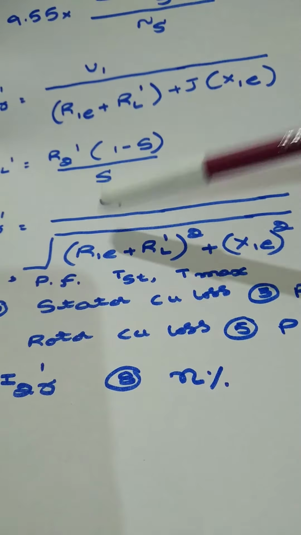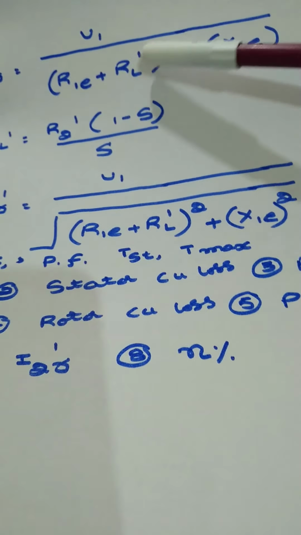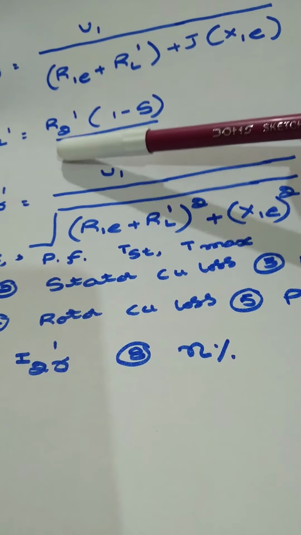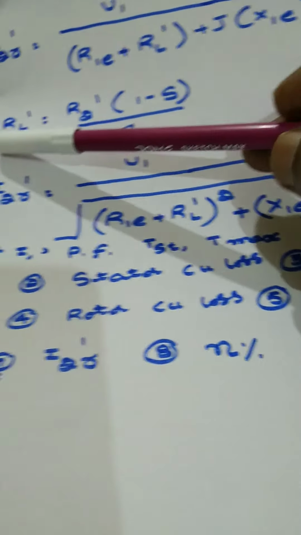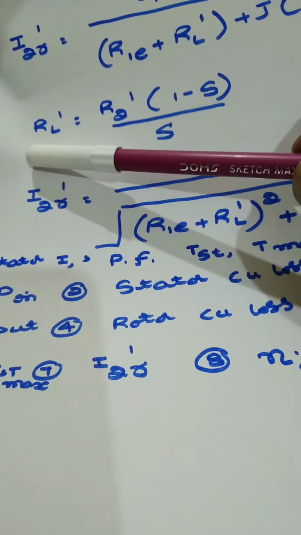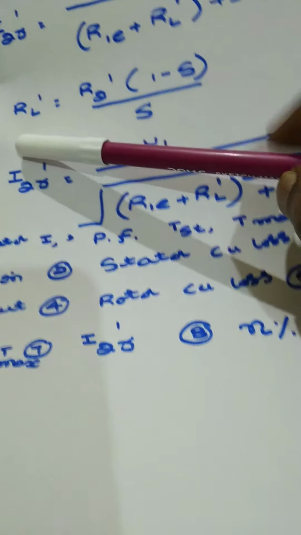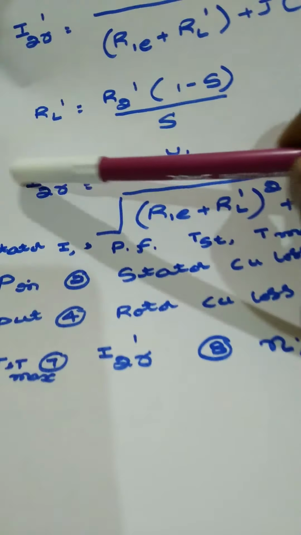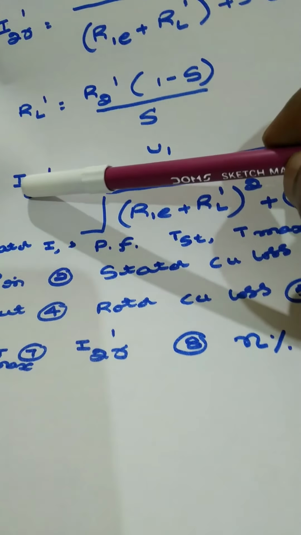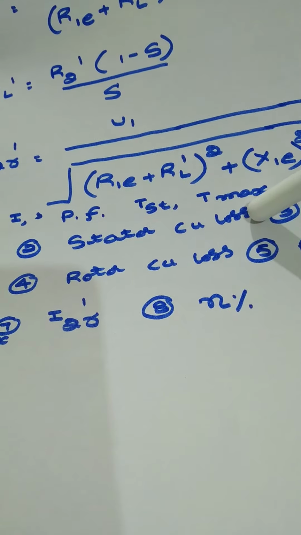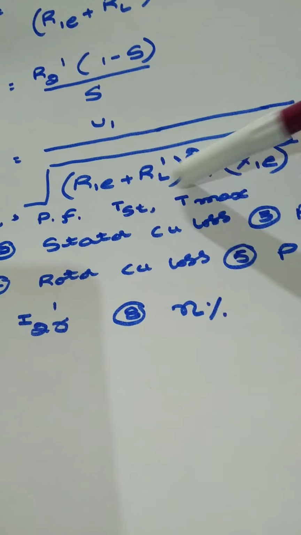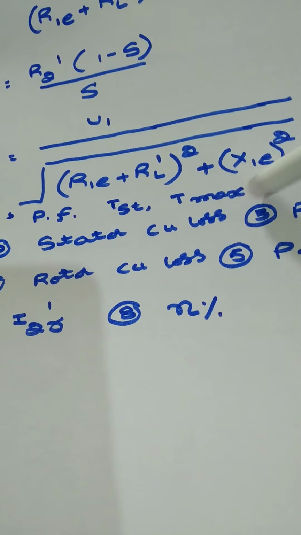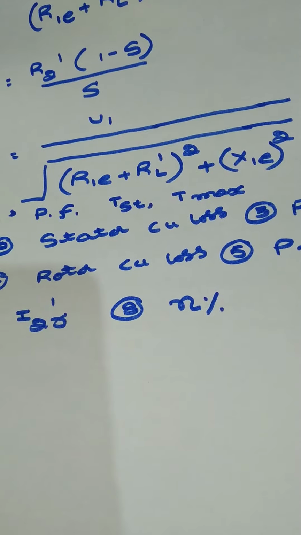And RL dash is nothing but, as you already know, R2 dash (1 minus S) by S. As the slip is changing, the load resistance is also changing, which is a way of controlling the parameters. So the rotor current I2 dash is nothing but voltage divided by impedance.